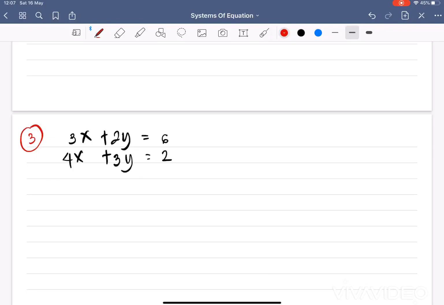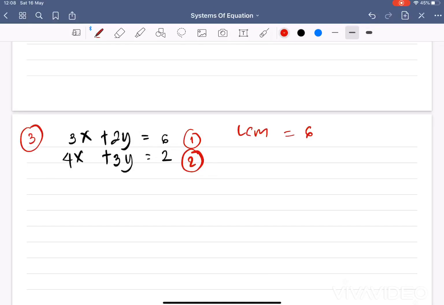I will decide to eliminate, let us say, my variable y. If I'm going to eliminate variable y, I need to identify the LCM of the numerical coefficients of y. So we have 2 and 3, right? So the LCM is 6.